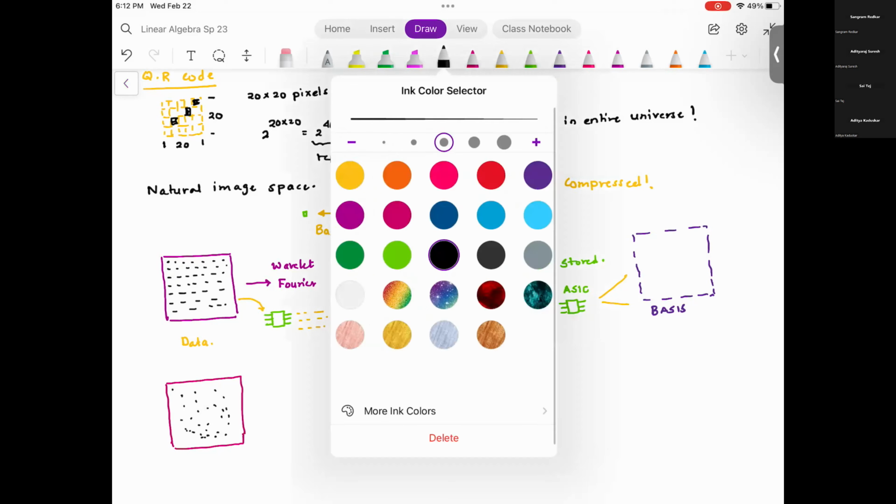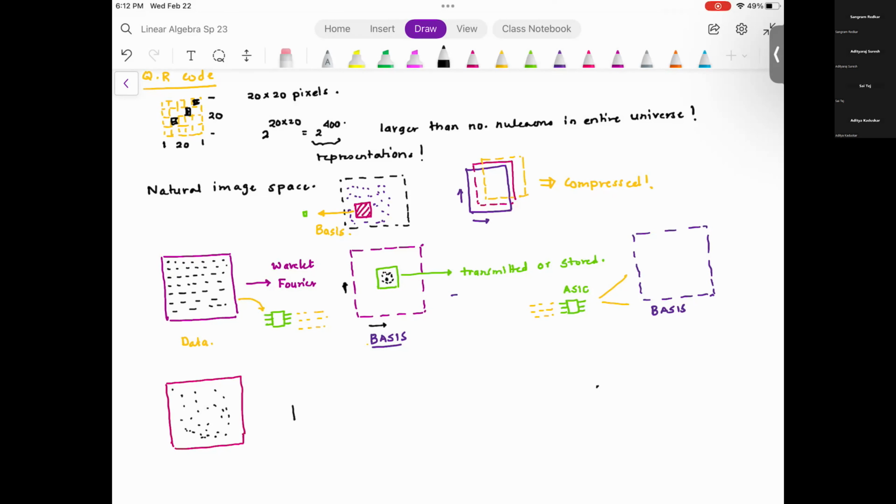And I would use this randomly sampled data, and I would pass it through this same process.